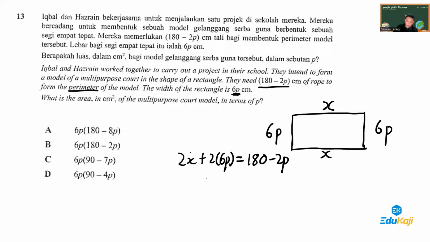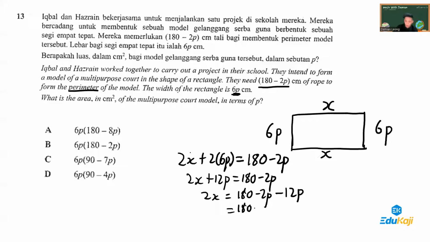So let's find the value of X first. 2X plus 12P is 180 minus 2P. 2X is 180 minus 2P minus another 12P. So it's 180 minus 14P, divide by 2. Each term divided by 2 is 90 minus 7P.